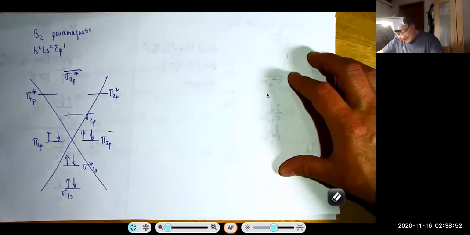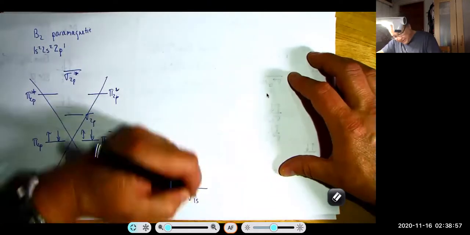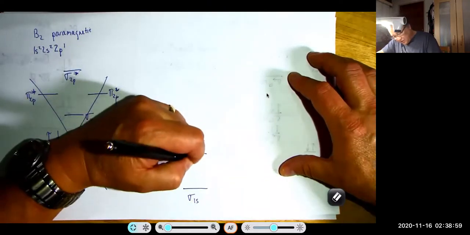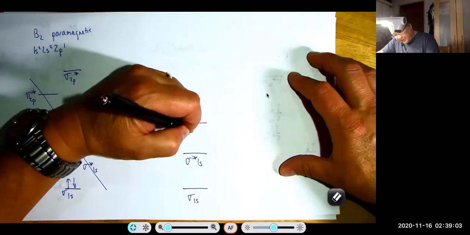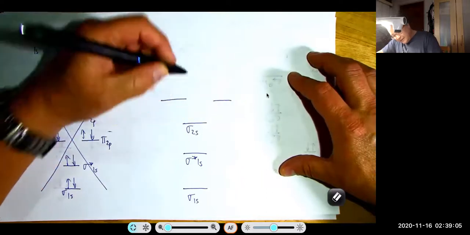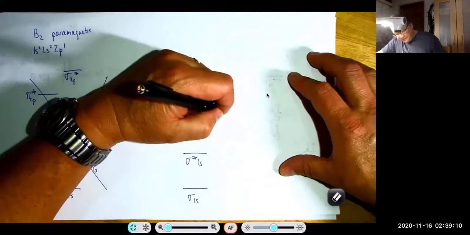It looks like this. Sigma 1s, sigma star 1s, sigma 2s, pi 2p, pi 2p.